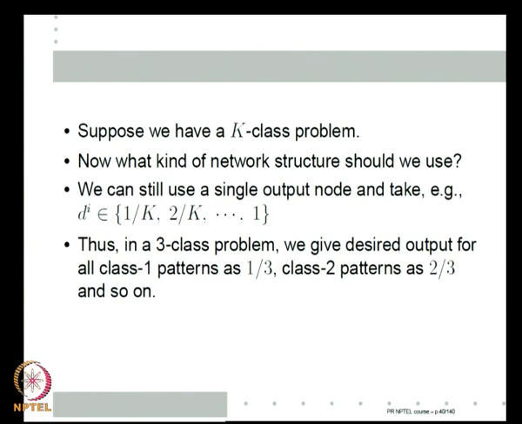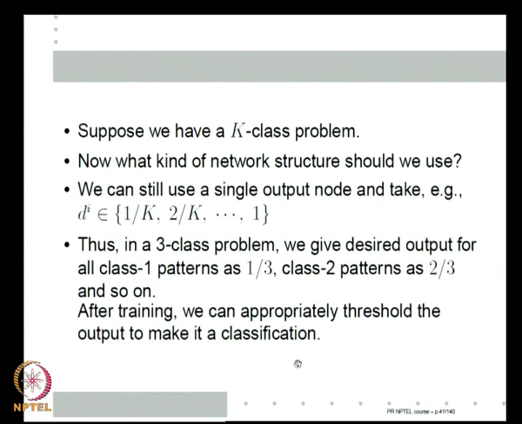The idea is now the network learns a function such that when I put a new vector x, if it is of class 1, the output should be close to 1 by 3. If it is of class 2, it should be close to 2 by 3 and so on. So, I take the actual output, I ask is it closer to 1 by 3, or is it closer to 2 by 3, or is it closer to 1, and based on that, I can make my decision, right.